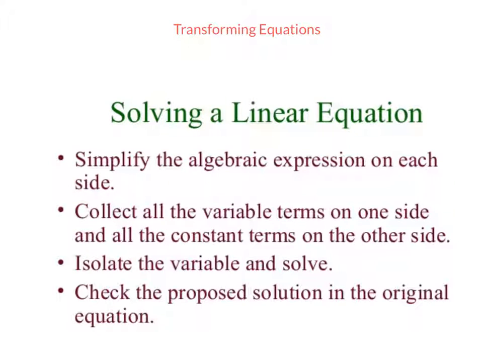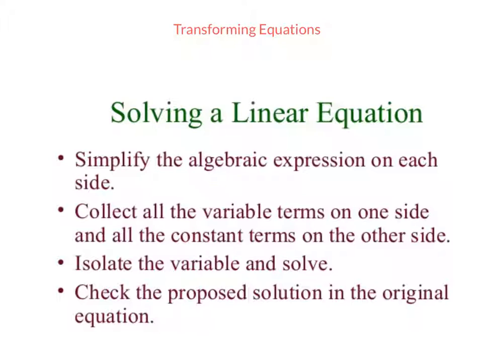So when we talk about transforming equations, the first thing we want to talk about is how do you solve a linear equation. You already have done this multiple times, but let's just go over the basics. First, you simplify the algebraic expression on each side. You collect all the variable terms on one side and all the constant terms on the other side.